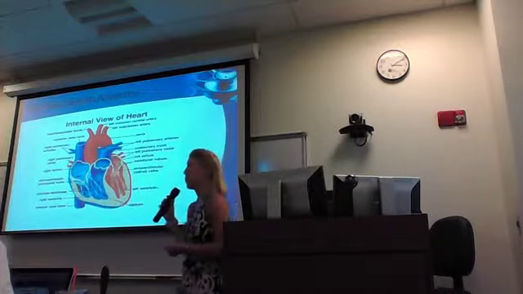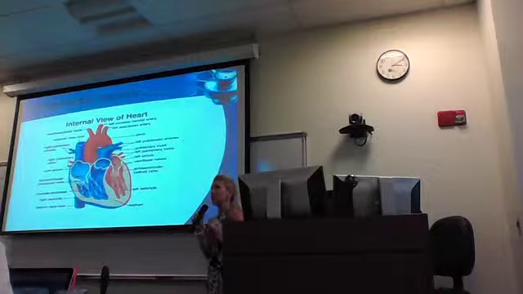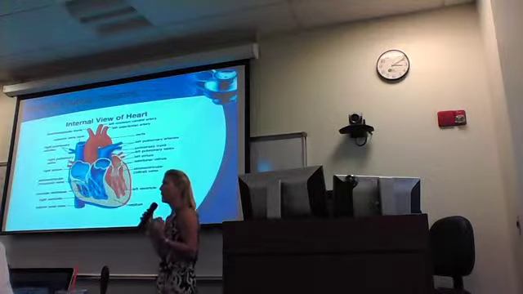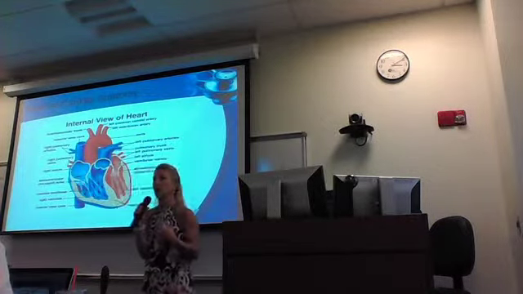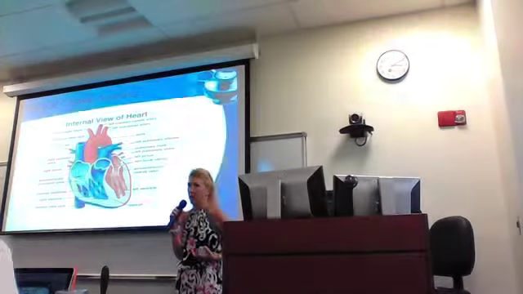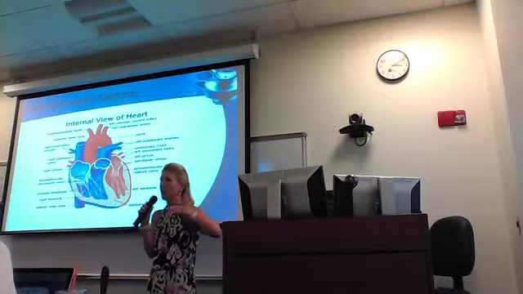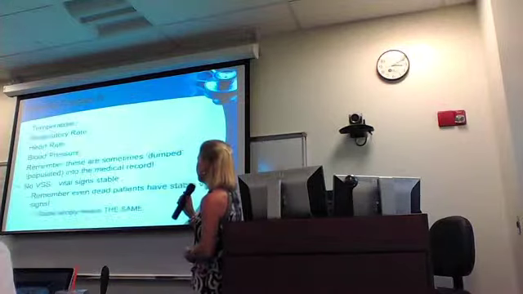And then, of course, remembering where all of our valves are within the heart, because they definitely go along directly with what we hear and when we hear it, and why we hear it better, say, at the base of the heart versus at the apex of the heart. Okay, and remembering that things are kind of reversed. Your base is actually at the top, apex is actually at the bottom, so it's kind of flipped upside down.